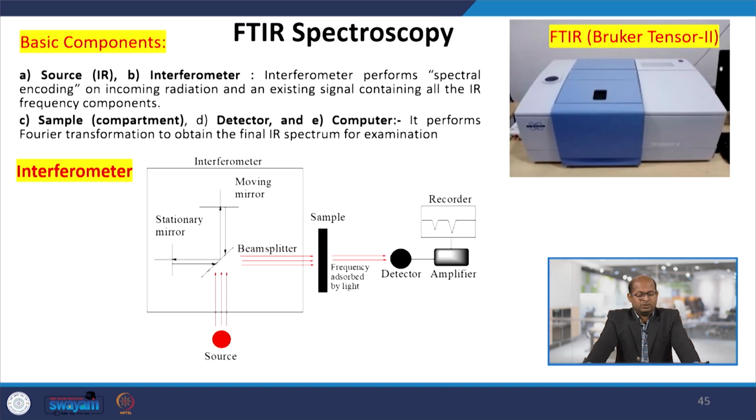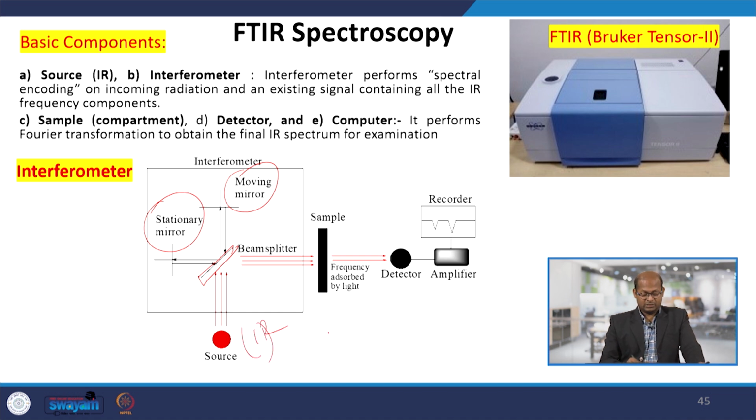This is an interferometer. How does FTIR spectroscopy work? Inside, where the sample is placed, there is a moving mirror and a stationary mirror, and a beam splitter. This is the IR source, this is the detector, and here is the sample.